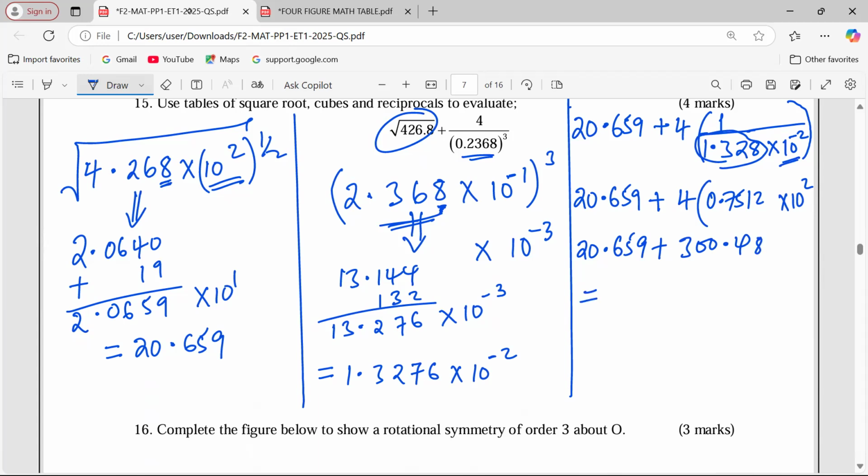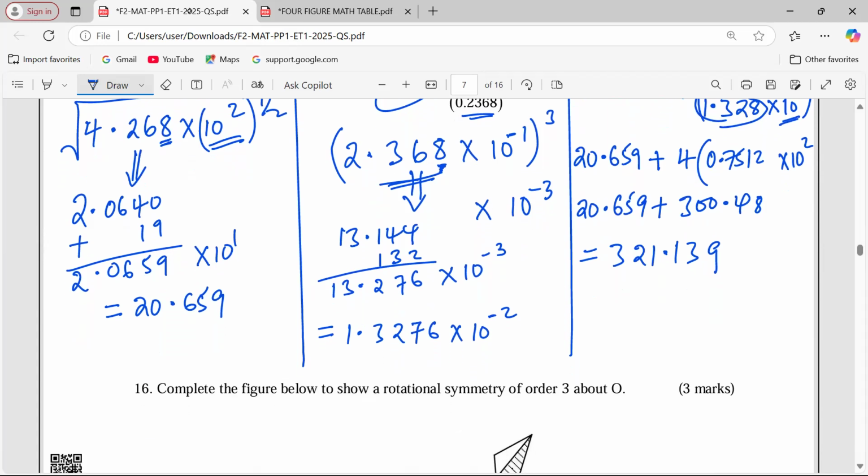Then when we add 20.659, we'll get 321.139. Yeah, 321.139. That way.